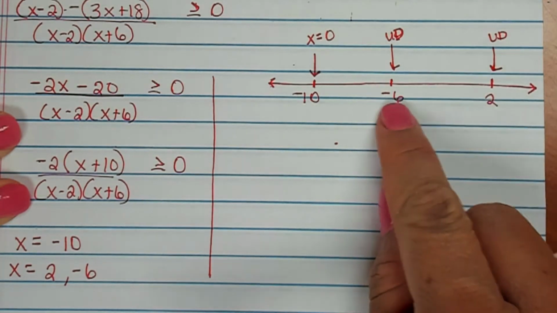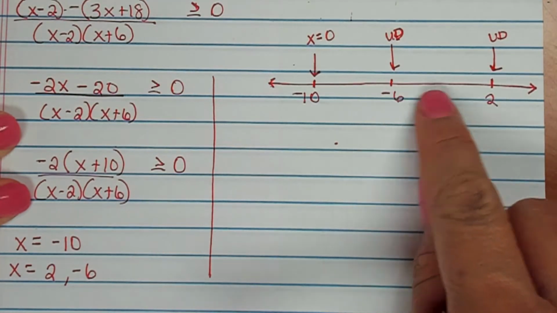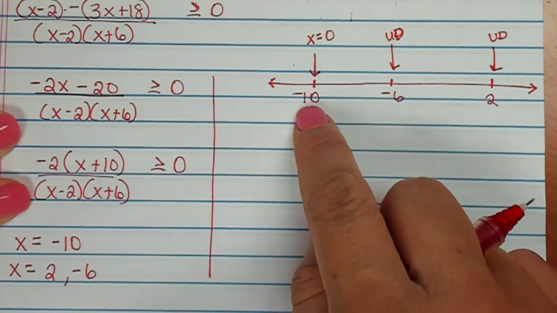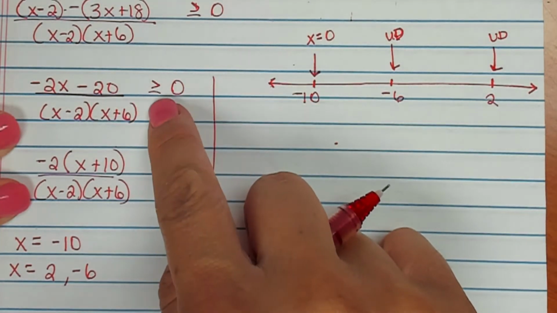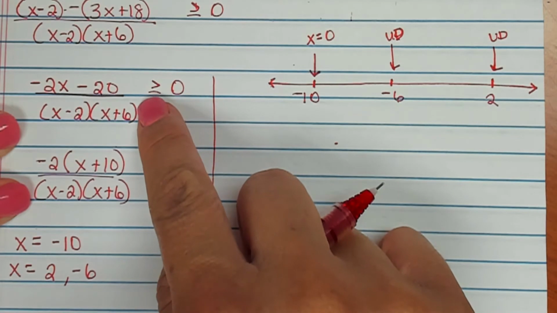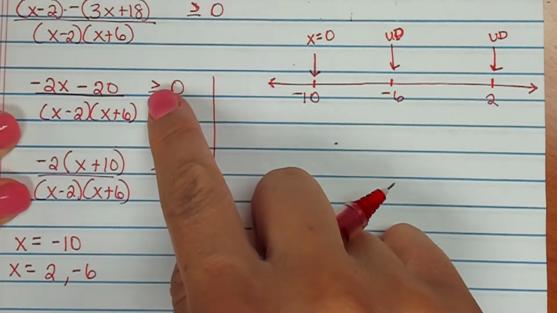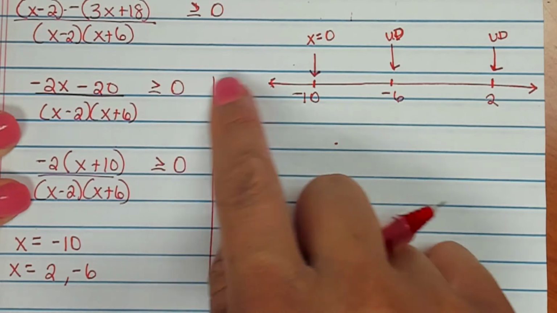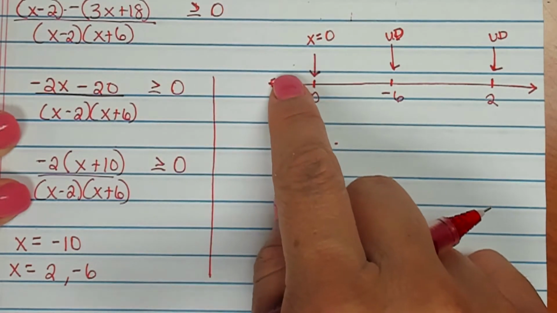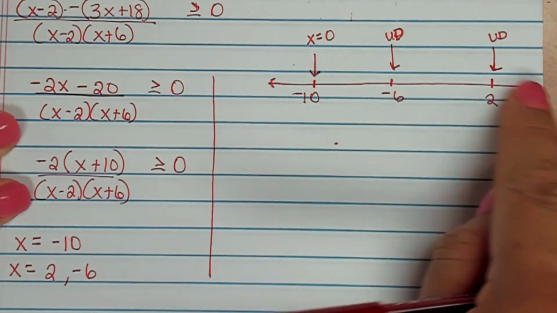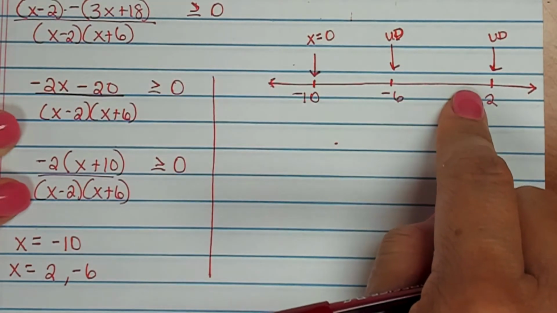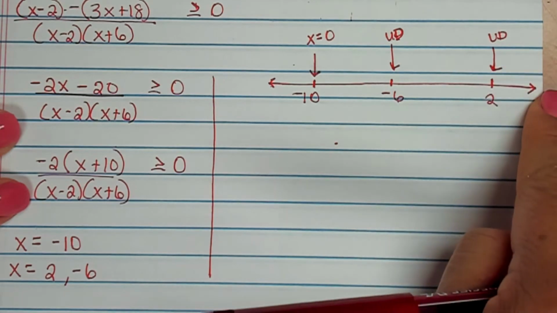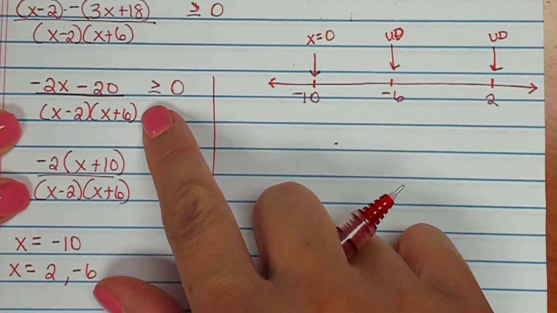So I know that these 2 points will not be included in the solution set, whereas that one will, because 0 is included. There's an equal to part. But I've also got to figure out where this function is greater than 0. Where is it positive? Are my values positive here, here, here, or here? It could be all of them, none of them, or just some of them. So we have to test each one of these intervals to see where this function is positive.